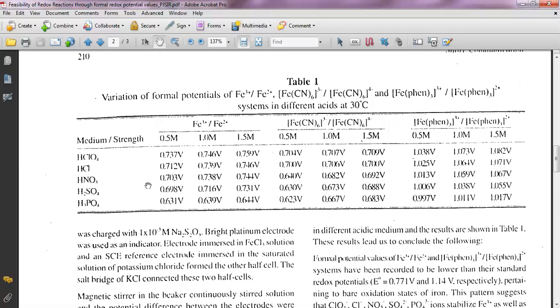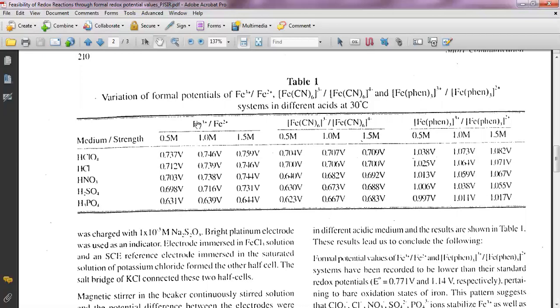So one thing is clear. Now moving to the second point: why does it vary with these different anions or acid strengths? It is highest in the presence of perchlorate and least in the presence of phosphate ions. That means the phosphate ion has stronger bonding or interaction with the iron plus 3 ion.